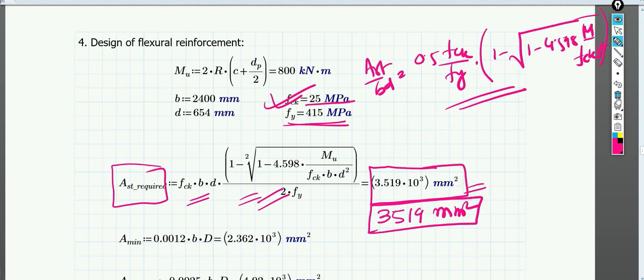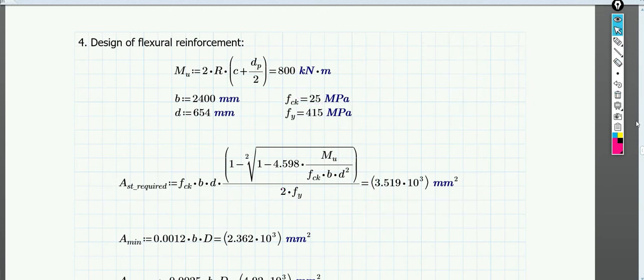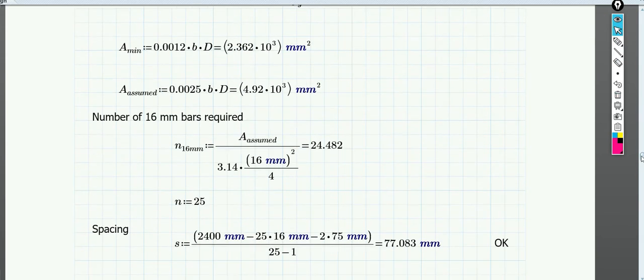Now as we are providing for the whole section, we can find out directly the numbers of reinforcement required. There is no need to find out the spacing, but we have to check for the spacing. As we have taken b directly, we can directly find out how many numbers of bars will be required. But before that, we also have to check the minimum requirement, Ast minimum.